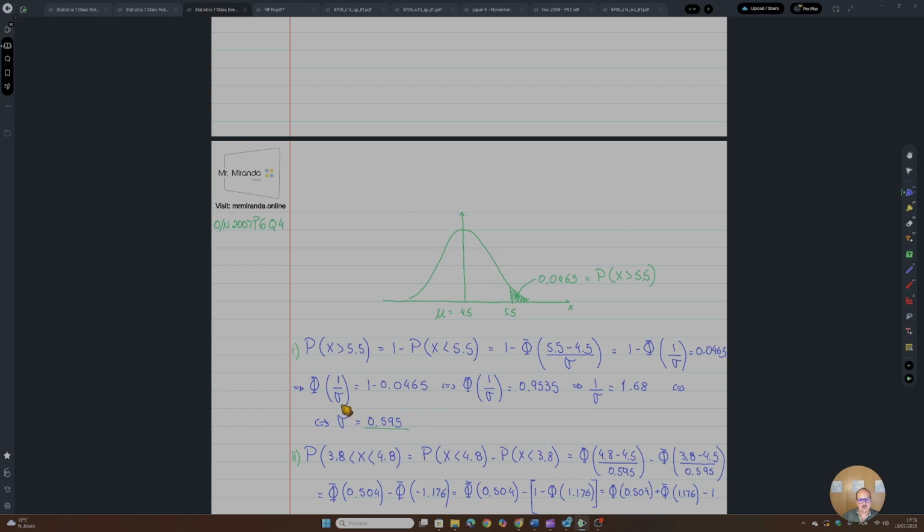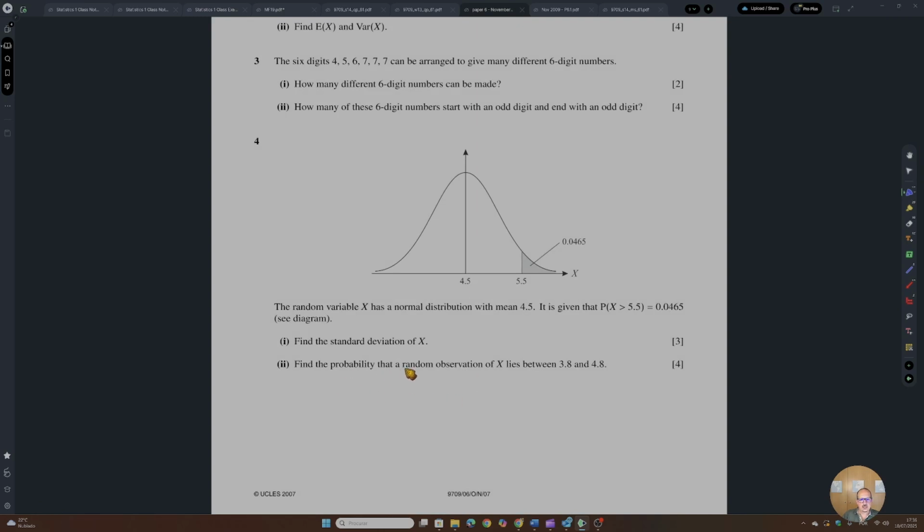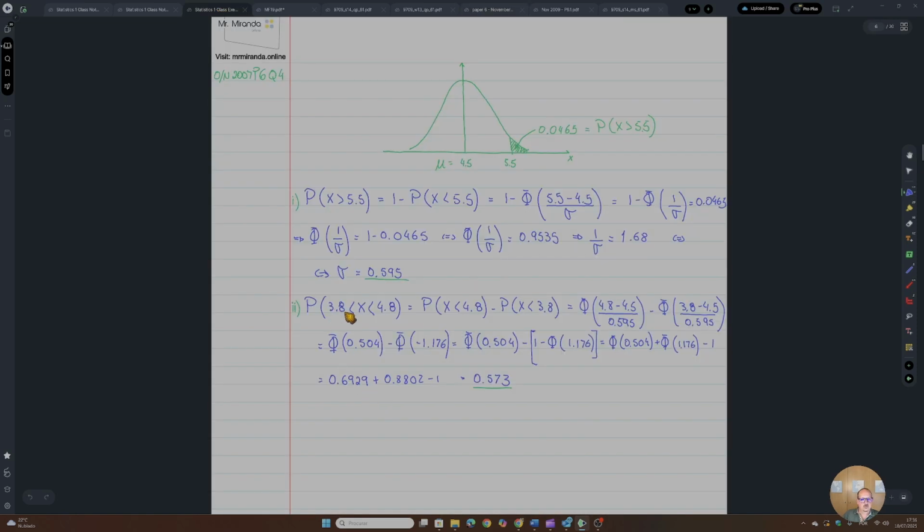Now you have all the parameters needed to calculate anything else, which in this case is the probability that a random observation of x lies between 3.8 and 4.8. So this is equal to the probability that x is smaller than 4.8 minus the probability that x is smaller than 3.8.